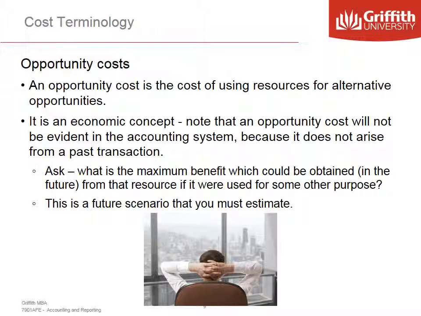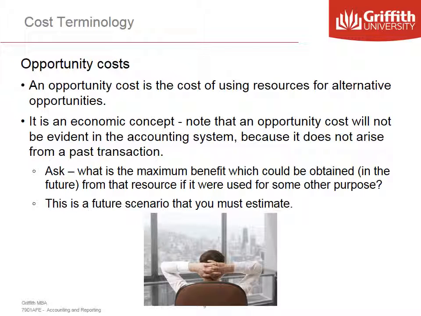So ways of thinking about opportunity cost. We can ask, what's the maximum benefit which could be obtained in the future from that resource if it were used for some other purpose? In asking that question, what we're doing is saying, well, we have a resource, we could use it for A or we could use it for B, but we can't use it for both.